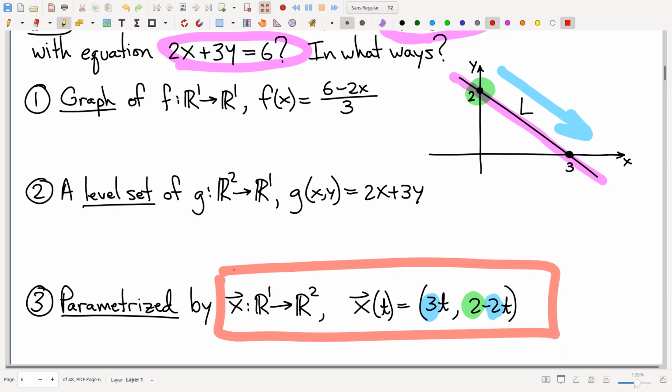And not only is there a calculus of graphs and a calculus of level sets, there is a calculus of parameterizations. In other words, geometric conclusions that you can draw based on the various derivatives of the parameterization itself. That is different from the calculus of level sets, and it's different from the calculus of graphs.